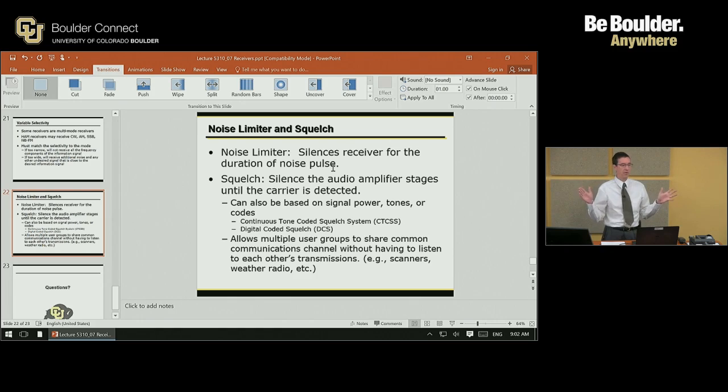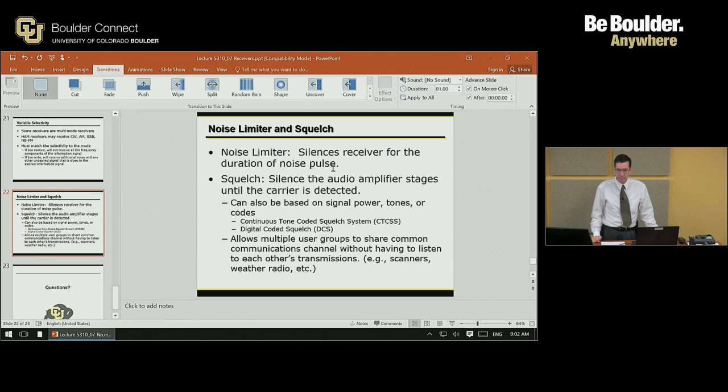If you didn't have a limiter built into your radio, it would probably just blast it out. What a limiter does is identify a certain amplitude of the input, and when the signal gets above that amplitude, it just cuts it off. It limits it, so that it protects your equipment, it protects your viewers.